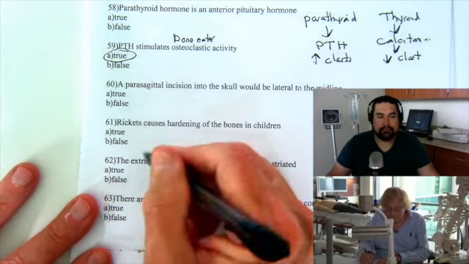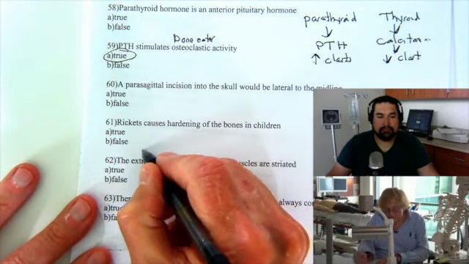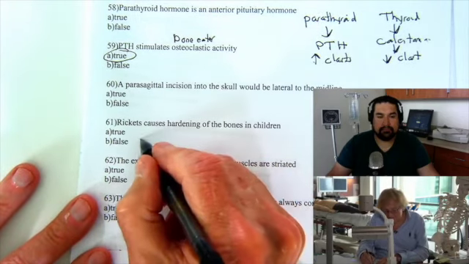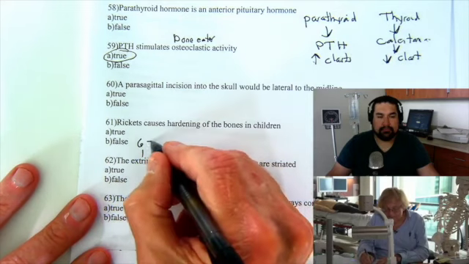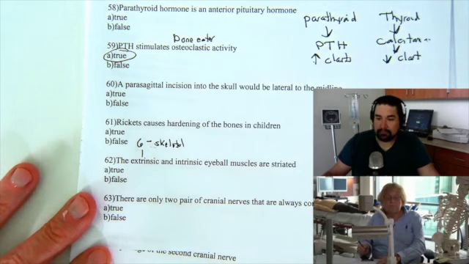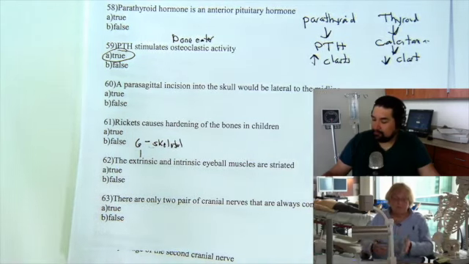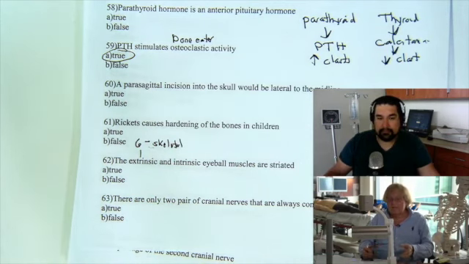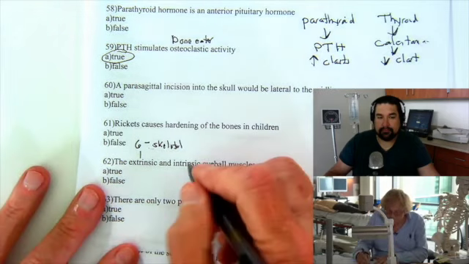The extrinsic muscles we're going to learn, it's going to be actually 6 muscles in each eye, but those are skeletal muscles. I'm going to tell them what to do. And skeletal muscles are striated voluntary. Intrinsic muscles are the muscles that are going to focus my lens, and they're also going to close my pupil. And therefore, those are smooth.